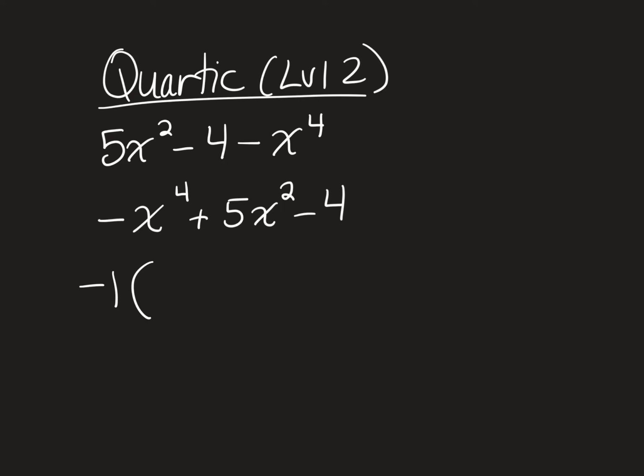If I factor out that greatest common factor of -1, it does something nice for my trinomial. It now makes it x to the fourth, a positive now, minus 5x squared plus 4. And then at that point, you can go ahead and finish factoring that just like you would with the previous problem. So I'm not going to necessarily finish that one.